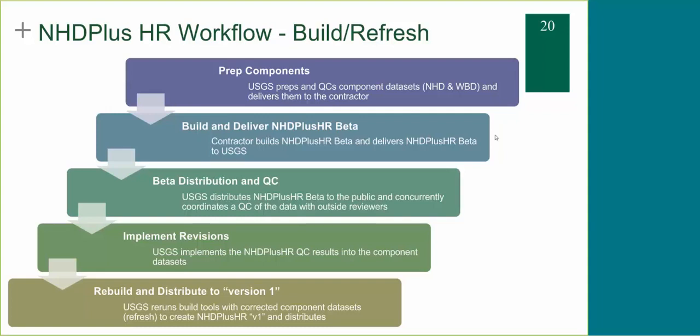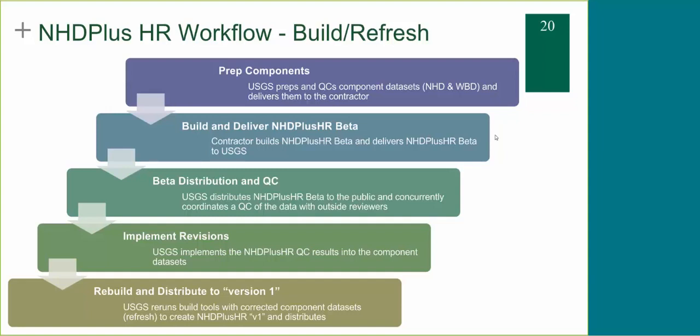From there, we are implementing revisions to the NHDPlus High Res data, and that goes into our component data sets. And it may be the NHD needs updating, it may be the WBD. When we're working through this process, we're actually engaging with our stewardship community. So it's not necessarily USGS who will implement those changes, but we are working with our partners in determining which edits we would like to incorporate and who will be responsible for those.